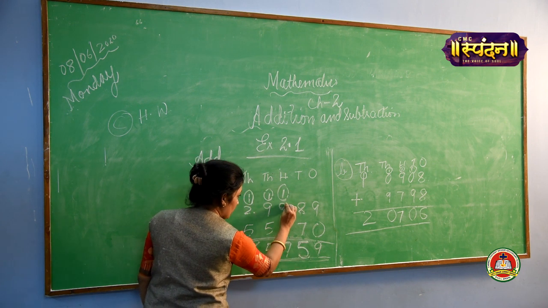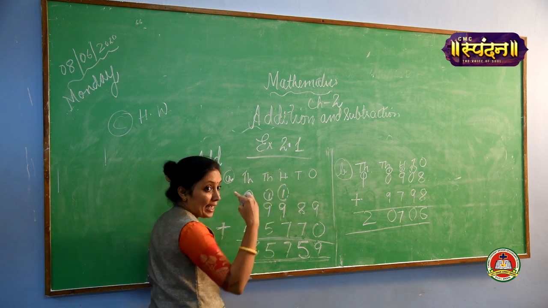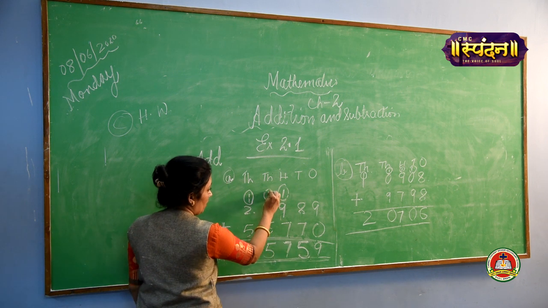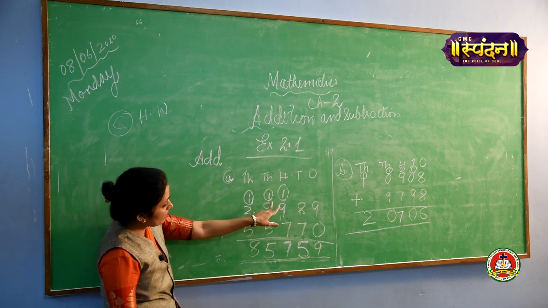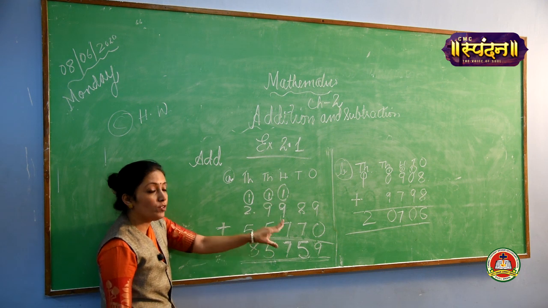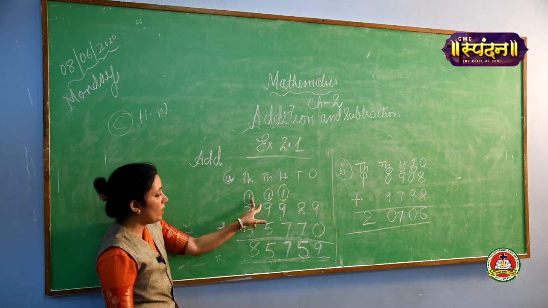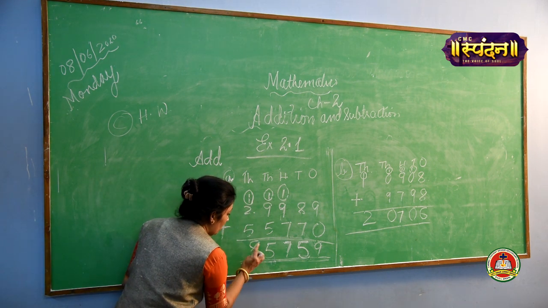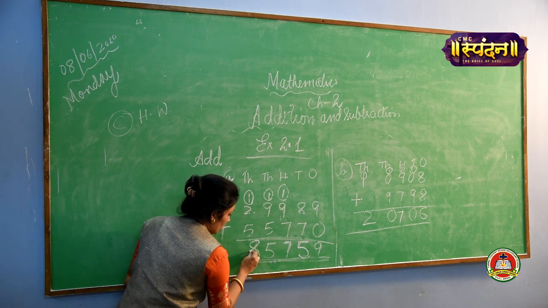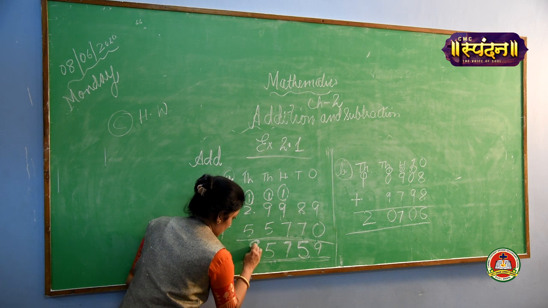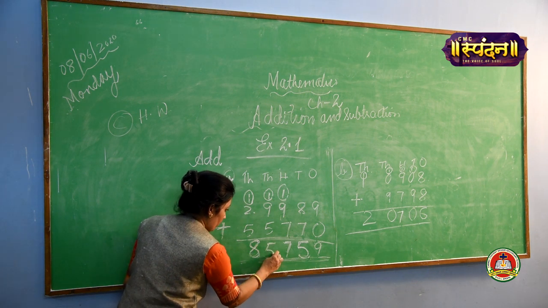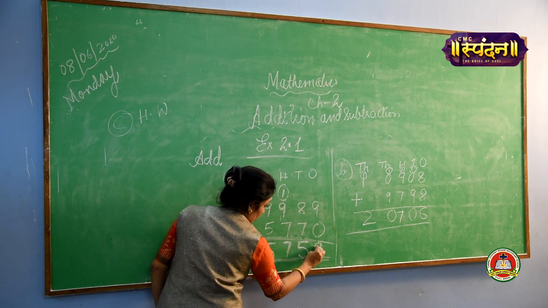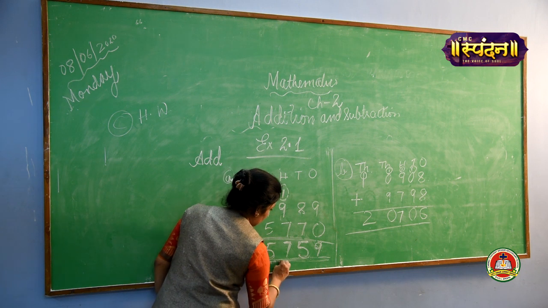With the trick, 9 plus 1, 10, then adding 7 is 17. Then 9 plus 1, 10, 10 plus 5, 15, 5, carry over 1, then 5 plus 2, 7, 7 plus 1, 8. Is it visible? Yes, 8, 5, 7, 5, 9. This is my answer.